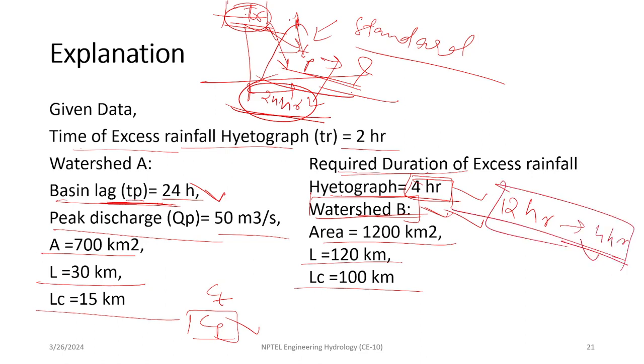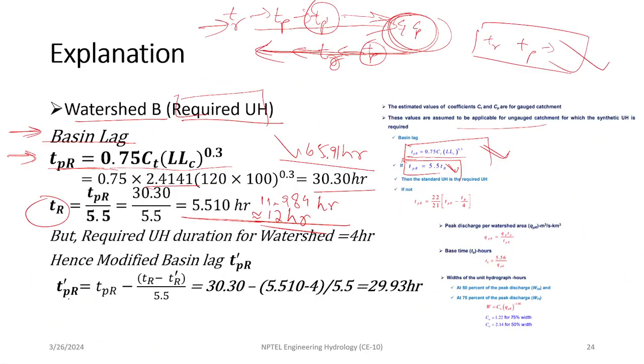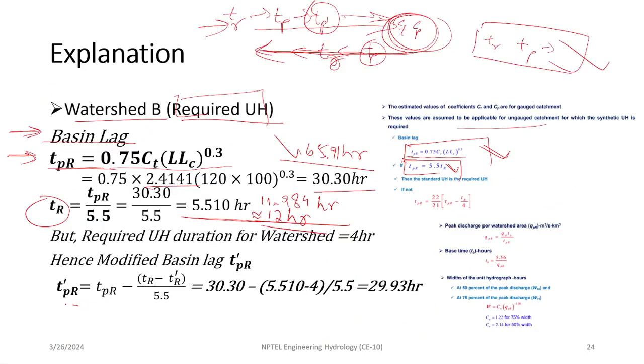Now there should be some modification to get this 4-hour unit hydrograph, and that modification should be done in the base time. In the earlier case also we made a modification in the TP value. Now we are again making a change in the TP value using this empirical relation.